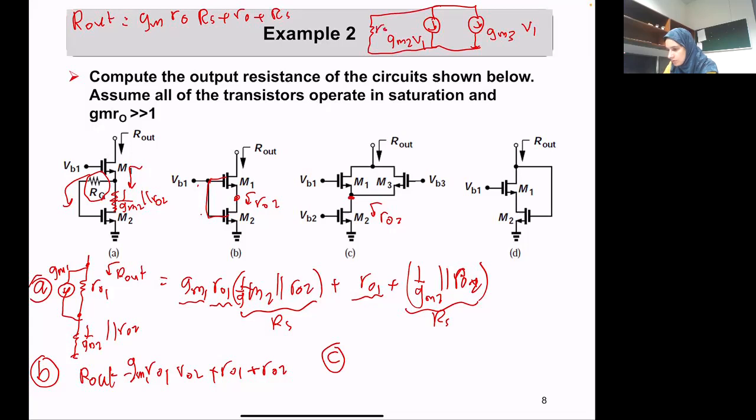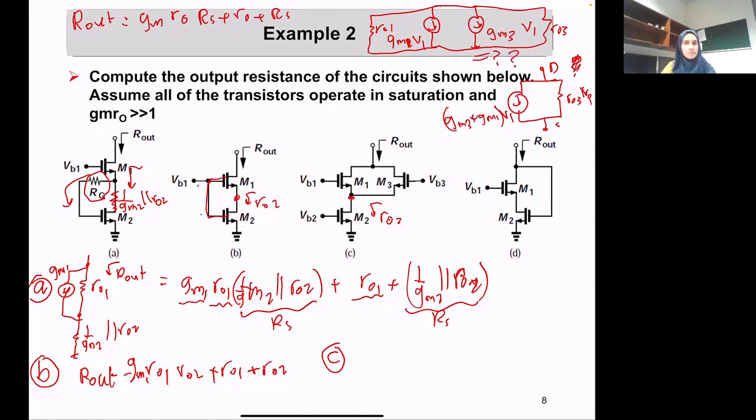And this has an impedance R out 3. Isn't this equal to having an R out 3 in parallel with the R out 1 and a collective gm V1? This is drain and this is this. I have a question mark on this.